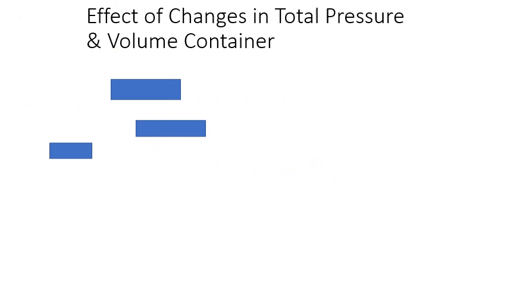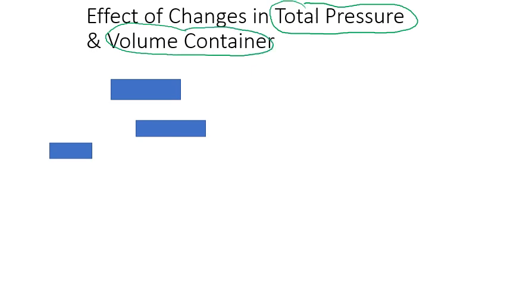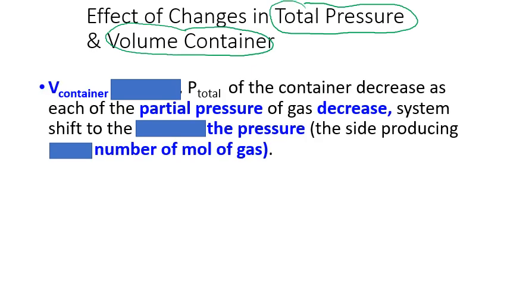Besides discussing the effect of partial pressure on the equilibrium position, we also will discuss total pressure. When we discuss total pressure, we will relate it to the volume of the container. Basically, if the volume of the container is increased, the total pressure will be decreased. And at the same time, don't forget the partial pressure of each gas will also be decreased.